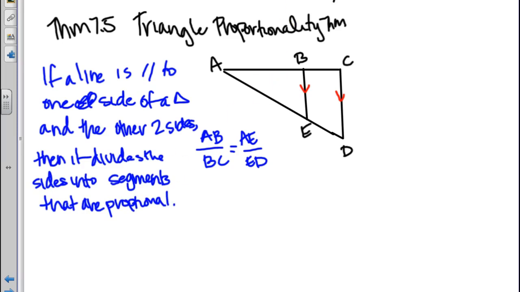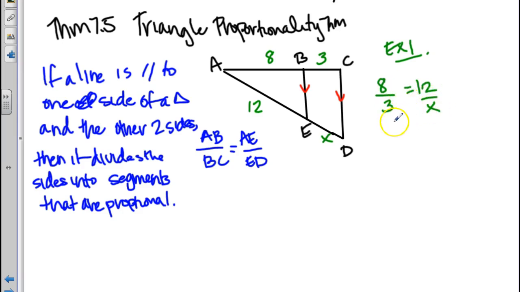So let's say in this problem that they told us that this was 8, this was 3, this was 12, and this was x. So example 1 here. I have lines that are parallel, they intersect the sides, so I know 8 over 3 equals 12 over x, and then we can solve this.